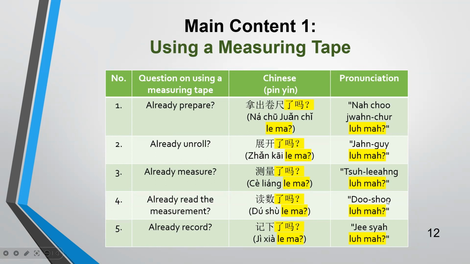Scooby-Doo, blood shooting without T. Then, if needed, we have to record it. So, have you already recorded? 记下了吗? Easy understanding with your G plus Sha Bandar Jati. Okay, so please bear this in mind for the ruler and measuring tape.